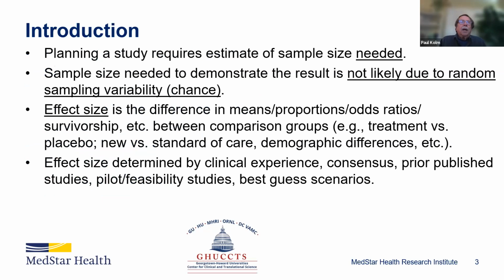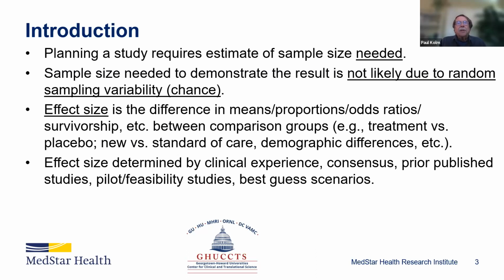Okay, so when you plan a study, you're going to need to estimate how many patients or how many subjects you need. And the sample size is needed to demonstrate that the result is not likely due to random sampling variability or chance. And the primary thing that we're interested in is the effect size or the effect.